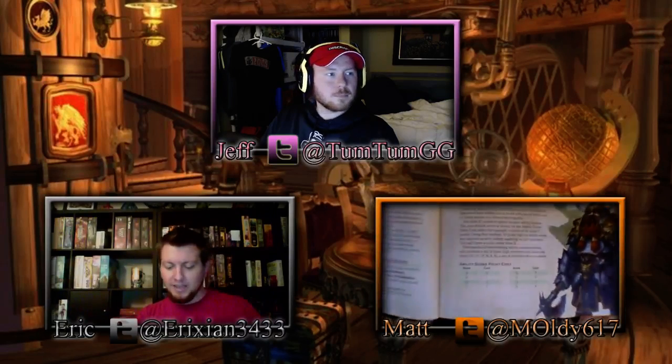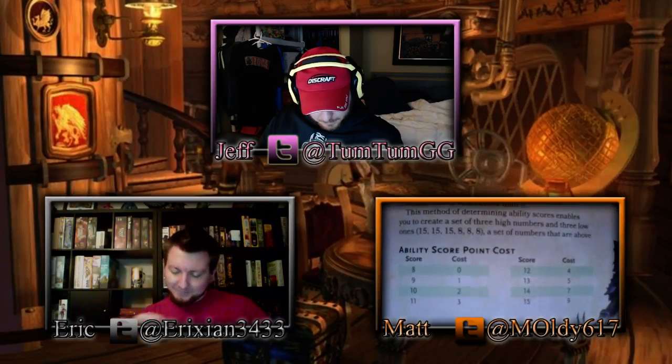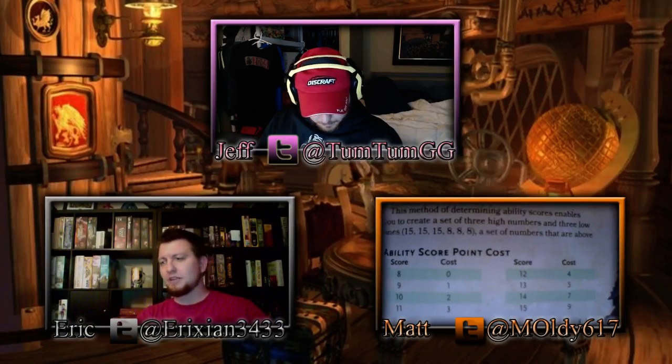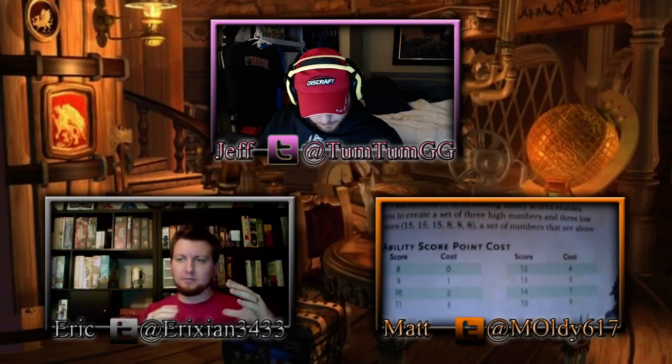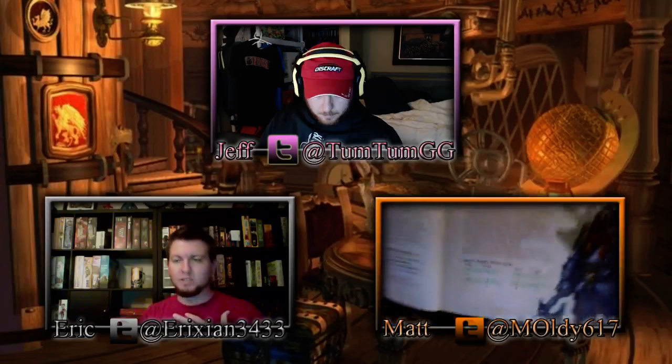To buy up to 10, it's 2 points. And there's a good visual of it right there. The highest thing that you could actually buy to would be a 15. That gives you a good range between 8 and 15 based on the 27 points that you have to buy with. Then there's also the standard distribution method, where you get a 15, 14, 13, 12, 10, and an 8, and you assign them as you see fit.